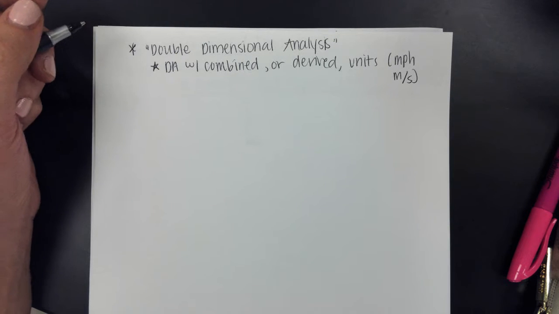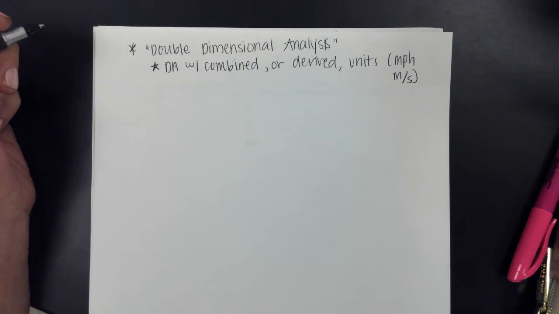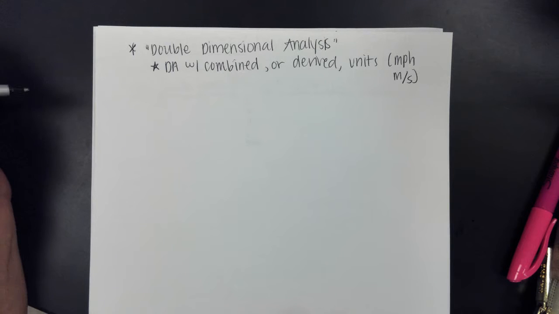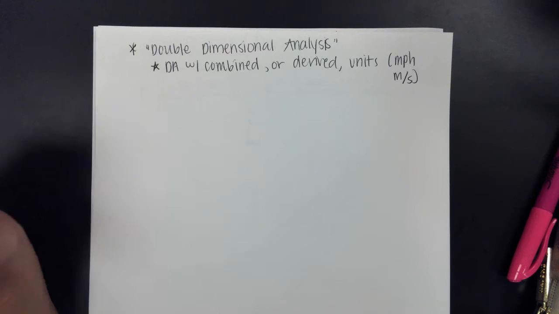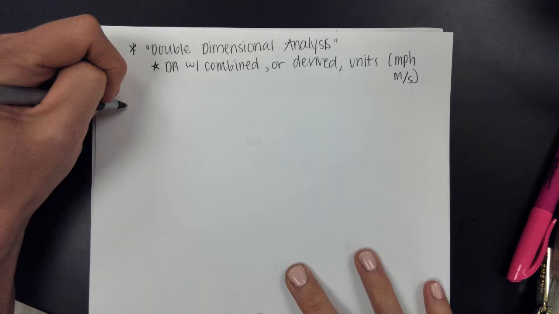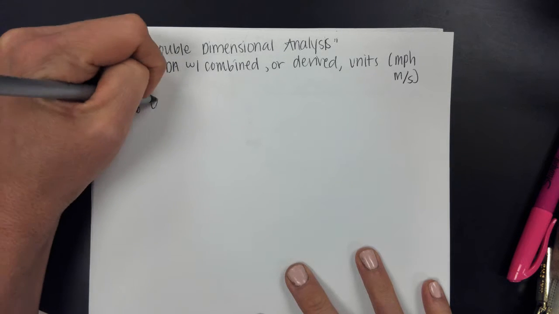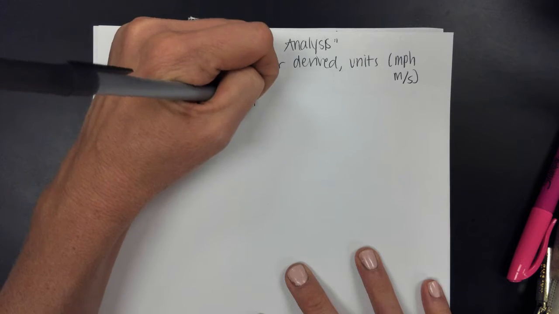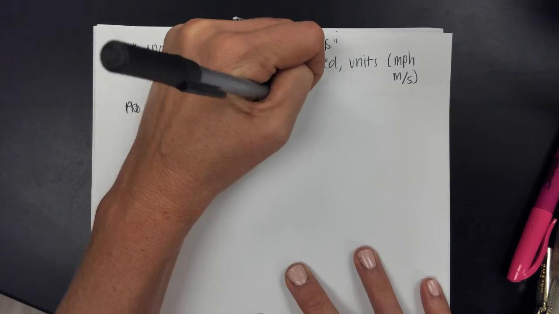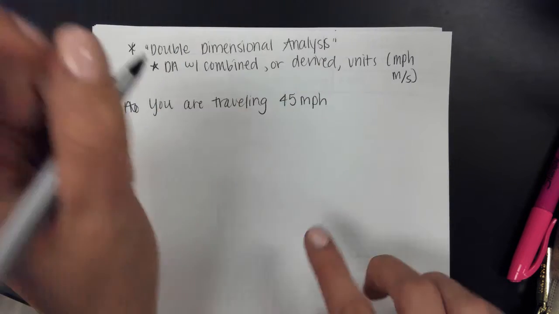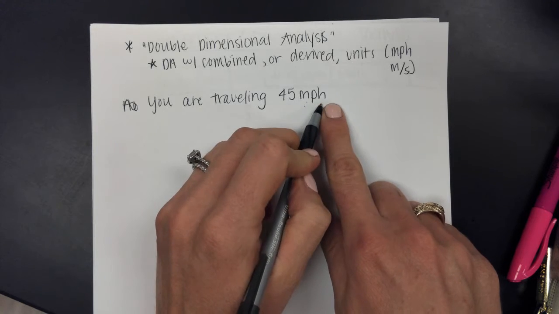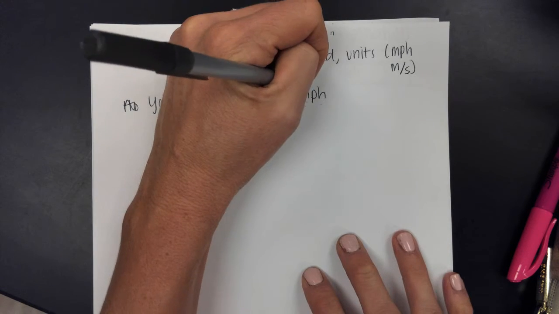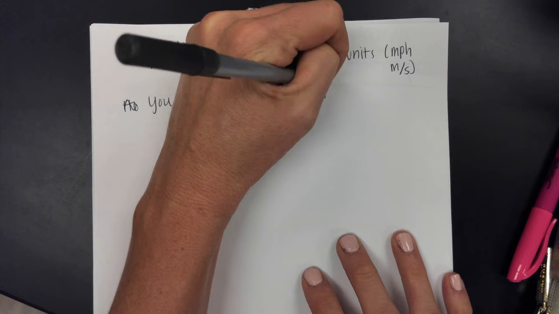I'm just making this up kind of by the seat of my pants, and then the video will be done. So you are traveling 45 miles per hour. You can also write that as miles per hour.